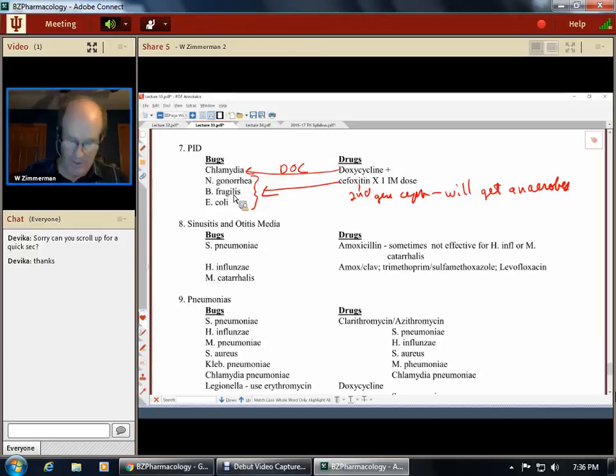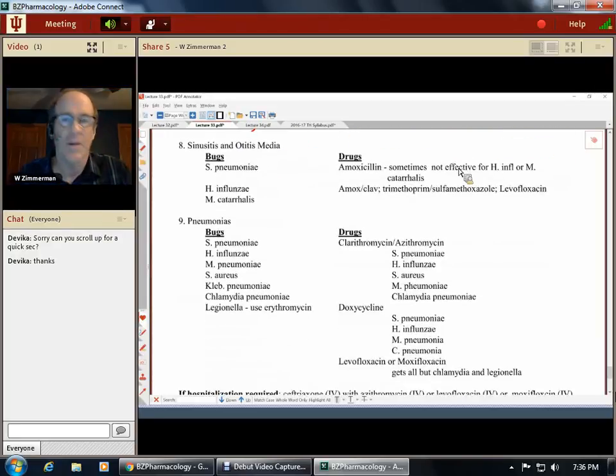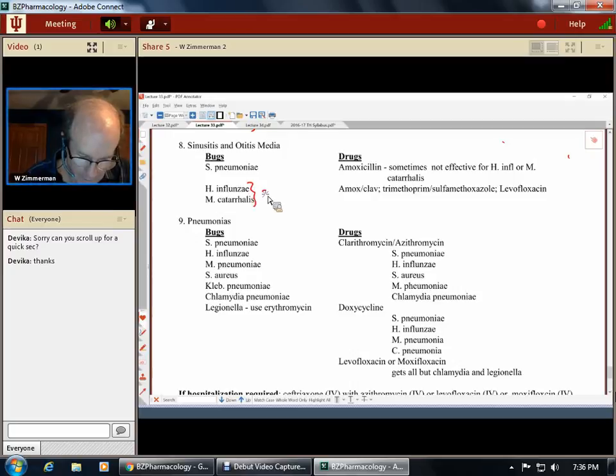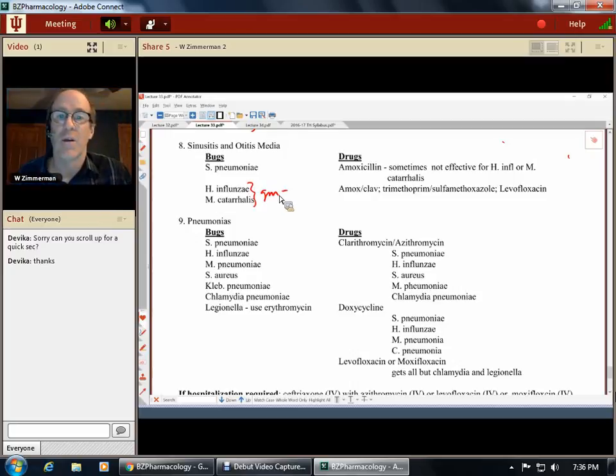Okay, looking at good old sinusitis and earaches. Causative organisms: the Strep pneumoniae, the Haemophilus influenzae, the Moraxella catarrhalis. There's different ways we can go with this. The Haemophilus and the Moraxella catarrhalis, these are both gram-negatives. So we've got to get some coverage for positives and negatives.